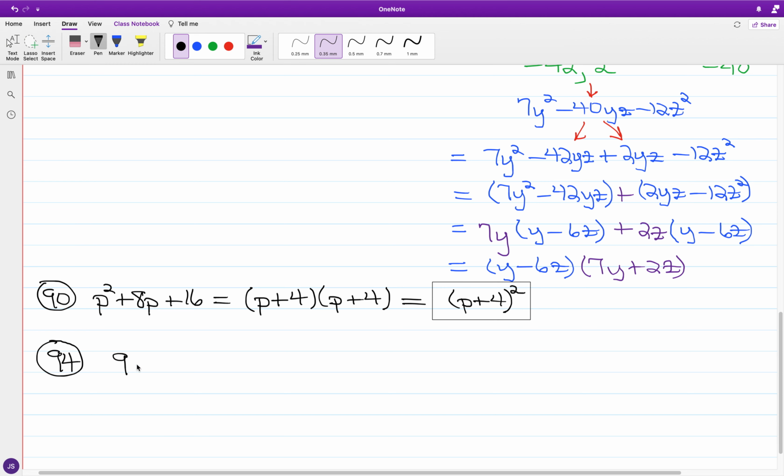In the case of number 94, we have the variables m and n involved. And in this trinomial, we have 9m to the 4th plus 42m squared n to the 4th, and we have plus 49n to the 8th.